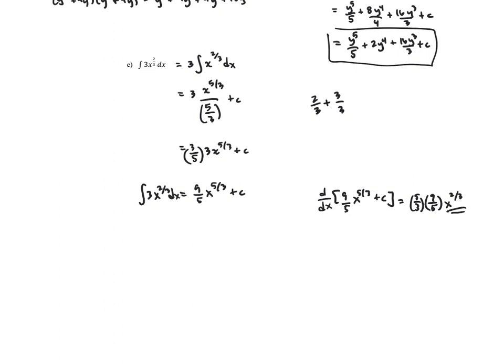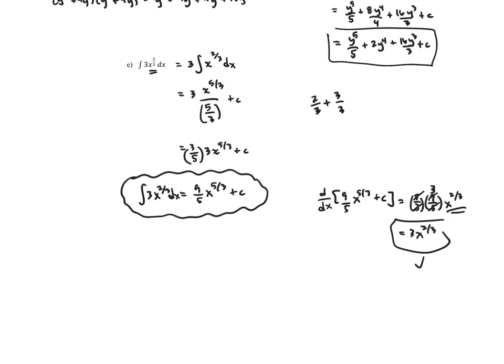Okay, so I like the x to the 2/3, that matches up. And you can see that the 5's reduce and the 9 and the 3 reduce, giving me 3x to the 2/3. So I've confirmed, check, that this right here is the correct antiderivative of the original function.